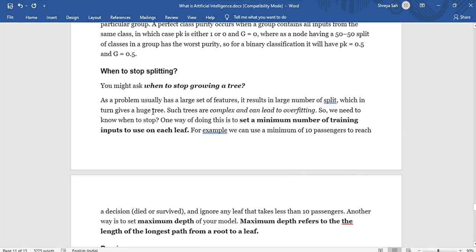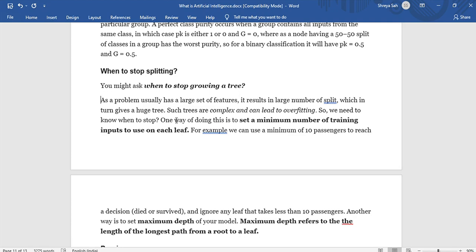As a problem usually has a large set of features, it results in a large number of splits, which in turn gives huge trees. Such trees are complex and lead to overfitting. This is a very important concept, overfitting and underfitting. If we try to overfit a model on data, we'll miss the main point of the data.